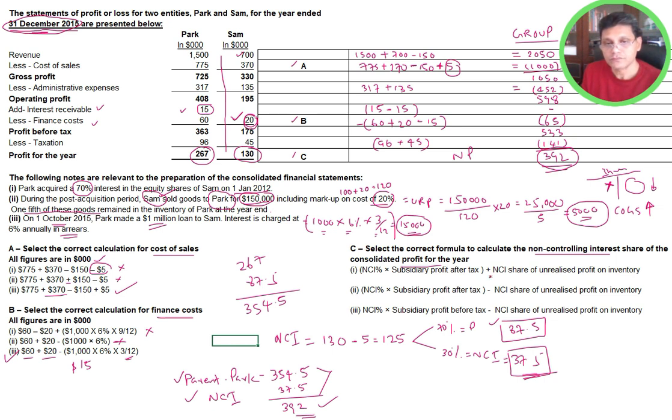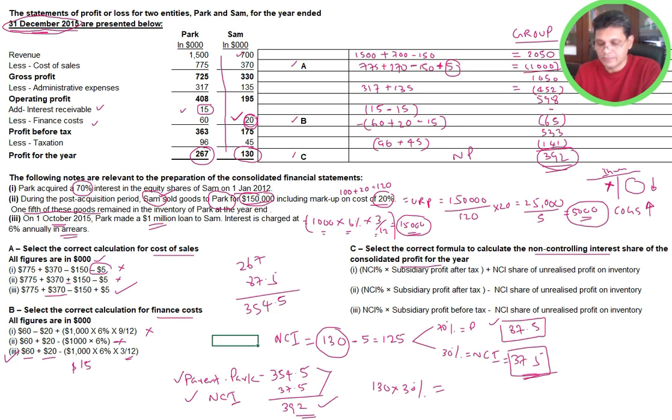Okay. Now for this, what is the correct answer? So what we have to do is we need to take the NCI. Now here it's given the other way around. The NCI percentage 30% of the subsidiary profit after tax. So if you take 130, the subsidiary profit, times NCI percentage 30%, this is without eliminating the unrealized profit.